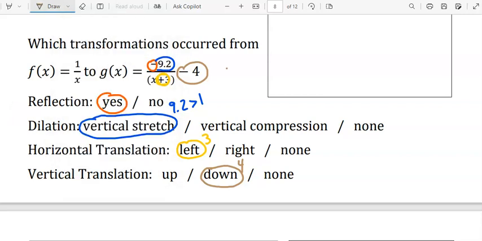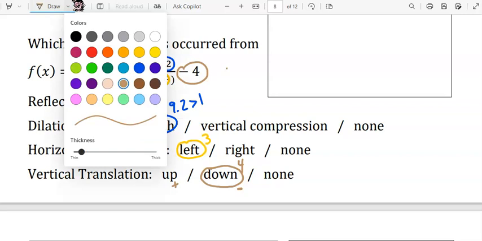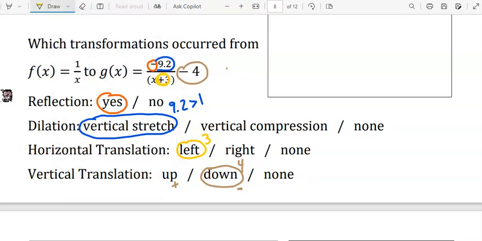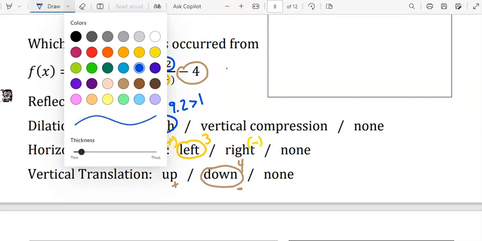Remember, for up, it will be a plus number. Down will be a minus number on the outside. None will not have a number. For horizontal translations, for left, it will be a plus number on the inside of the parentheses. For right, it will be a minus number on the inside of the parentheses. And for none, there would not be a number in the parentheses.